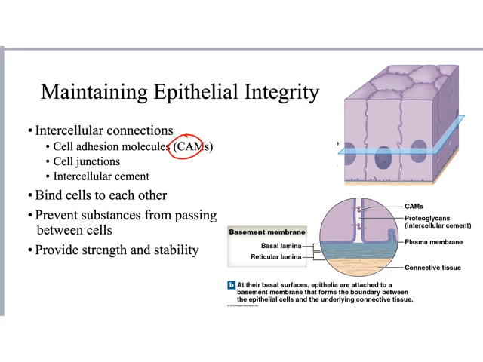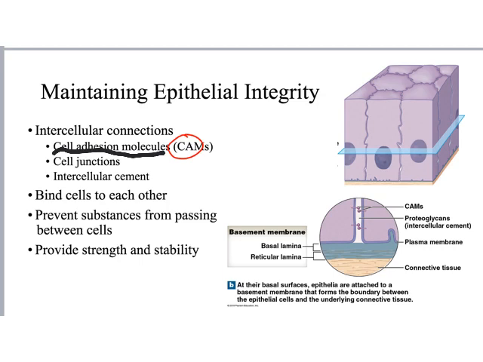There are things called cell adhesion molecules, and these are projections from the plasma membrane of one cell that attach to a neighboring cell. You're also going to have cell junctions. We talked about some of these already back in the cellular chapter when we talked about gap junctions and tight junctions, for example.